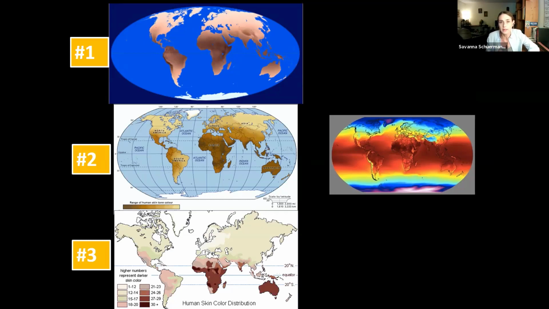You don't need as much melanin to block out the harmful effects, but having high levels of it can actually block out so much UV that you're not able to synthesize vitamin D. And so you see this trade-off: darker skin, high levels of melanin in UV intense regions, and lighter skin, less melanin selected for as you move into less UV intense regions. You don't need it, and it can become counterproductive in terms of synthesizing vitamin D. And so that's what we're seeing. That's what skin color is.